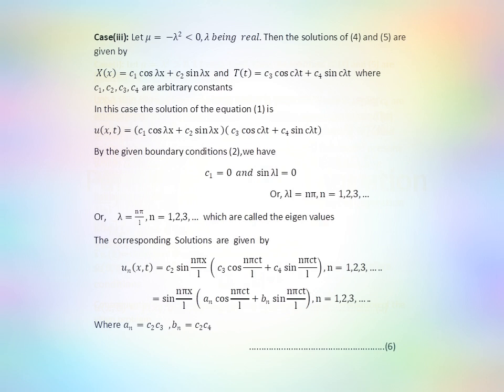So c2 is multiplied by c3 and c2 is multiplied by c4. We let a_n equal to c2 c3 and b_n equal to c2 c4. This equation is denoted by the number 6.